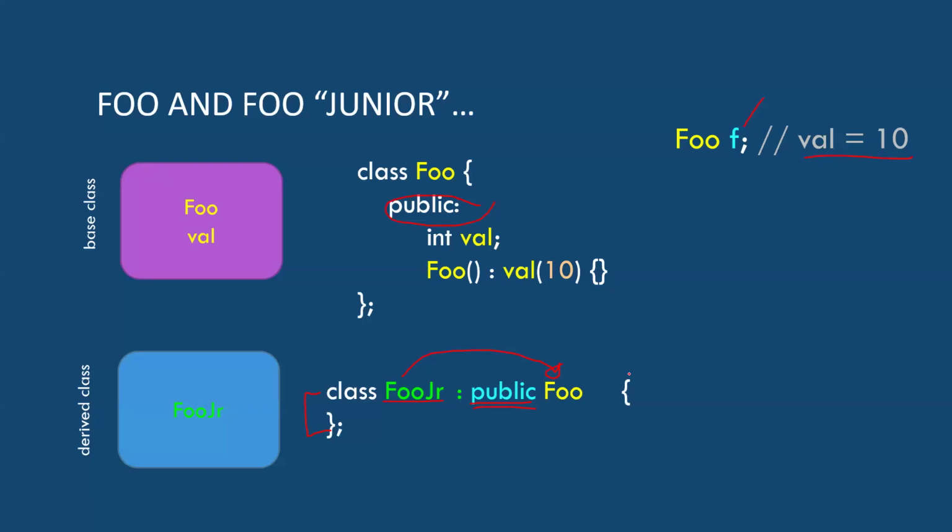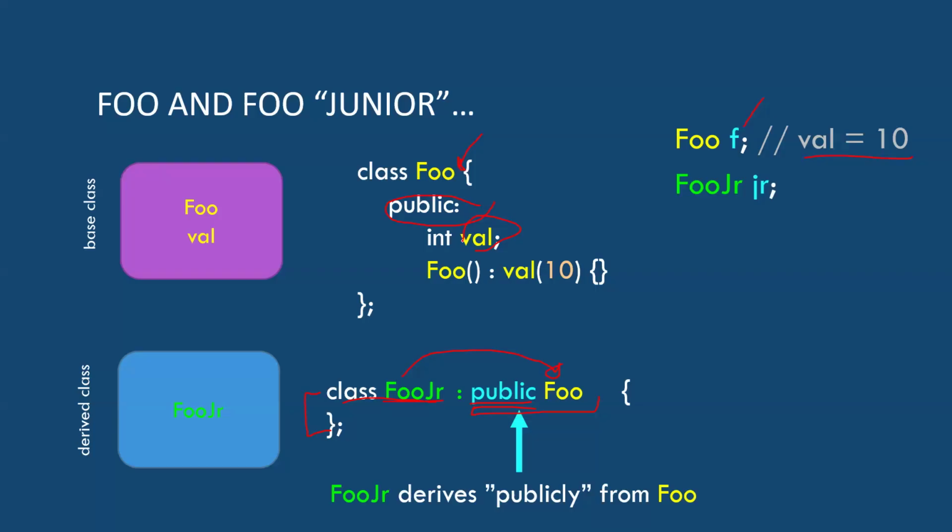It lives between the class name and the curly brace, right? So it's living in this spot right here. So we're saying, hey, I am inheriting publicly from Foo. We'll talk about what that means. And that means I automatically have that attribute, okay? So we say we derive publicly.